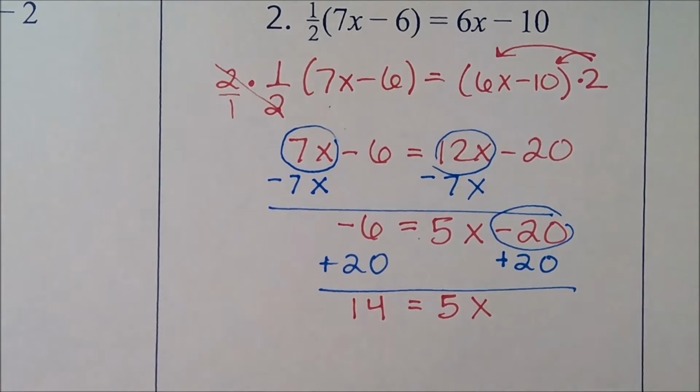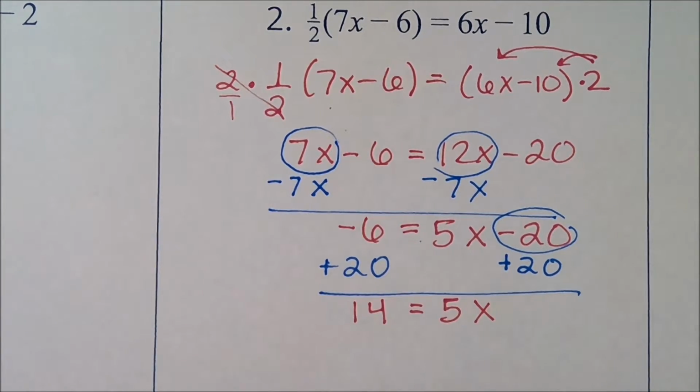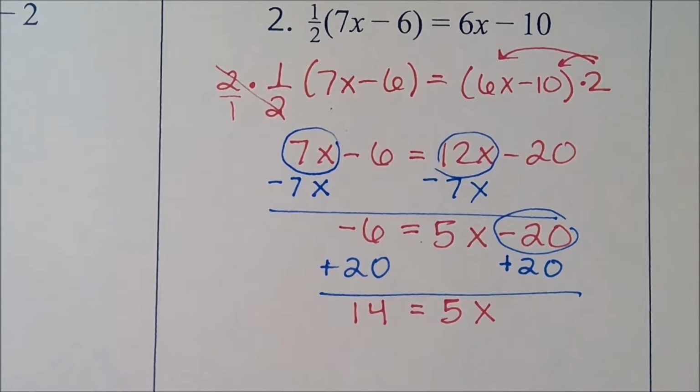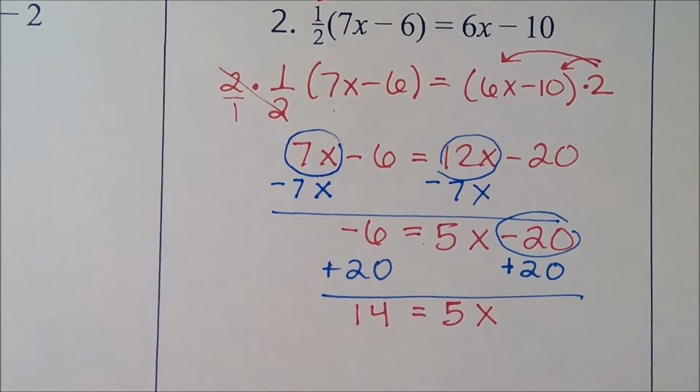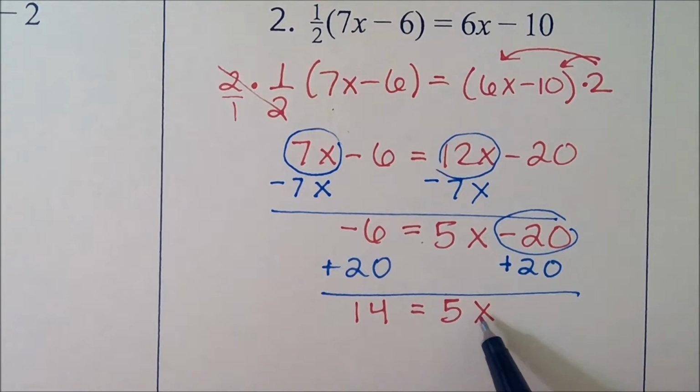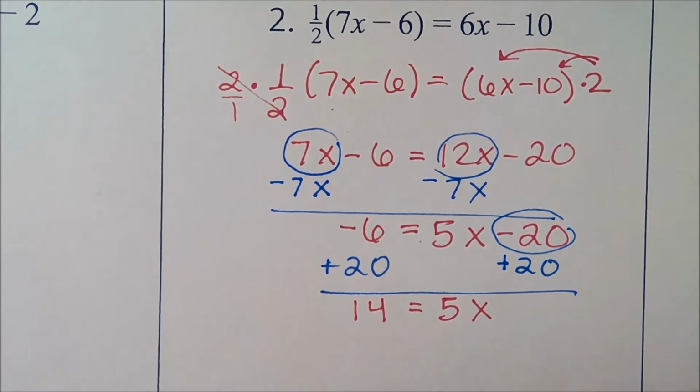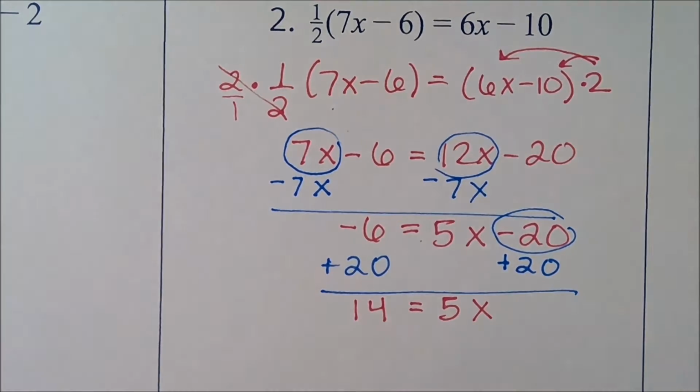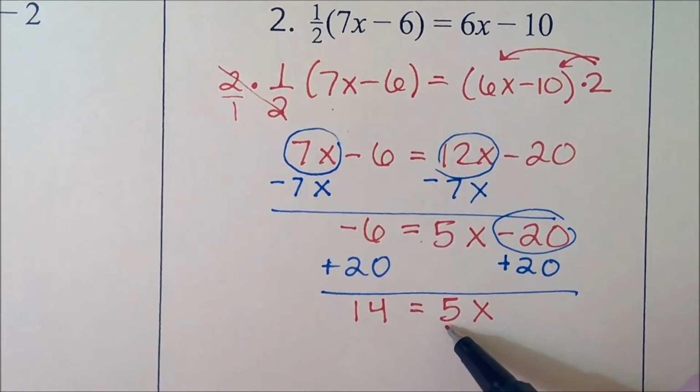Now again, I'm not going to draw it because it isn't going to look very pretty, because I have 5 x's on one side and 14 units on the other side. But if we can imagine what we would do, I would want to break up this left side.